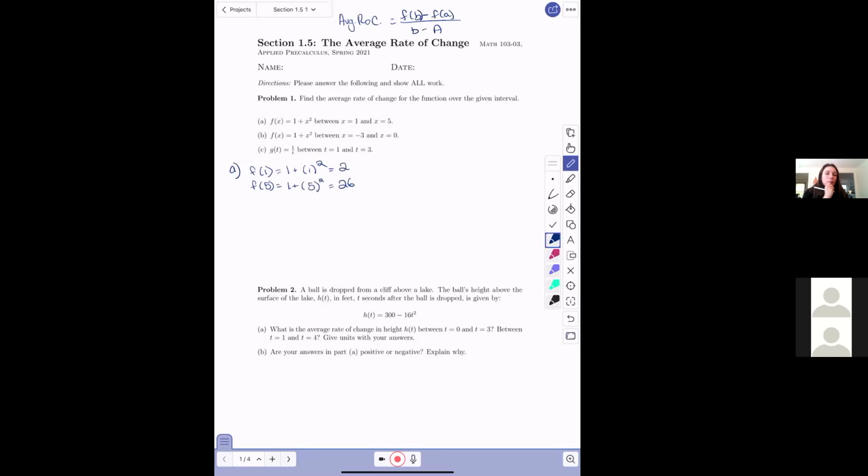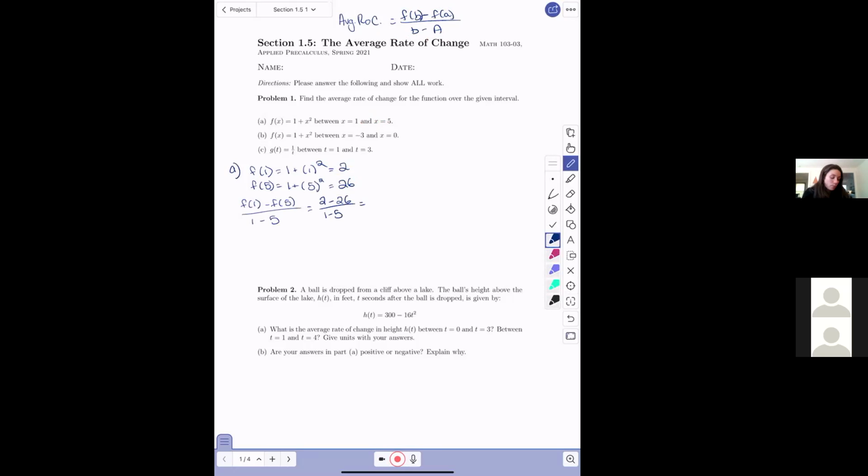All right, so now we can use our average rate of change formula with the 2, the 26, the 1, and the 5. So I'm going to do f of 1 minus f of 5 all over 1 minus 5. So f of 1 is 2 minus f of 5 is 26 all over 1 minus 5.